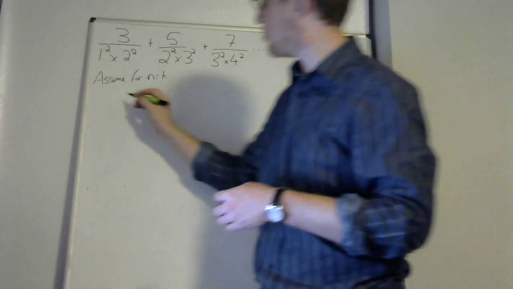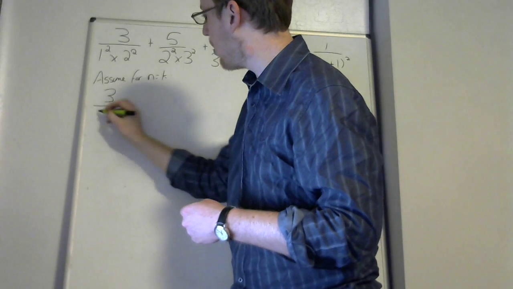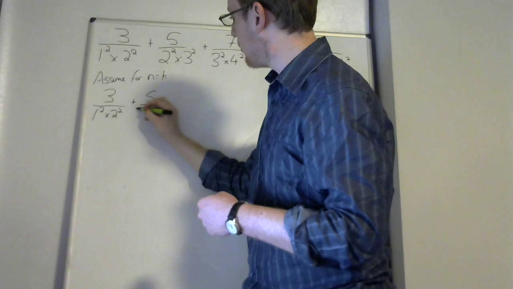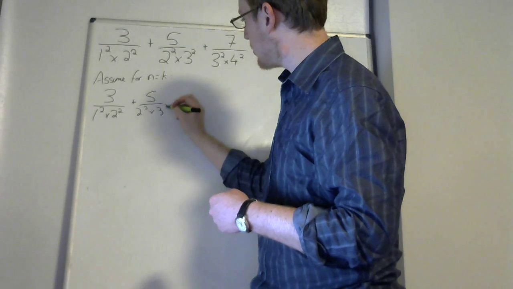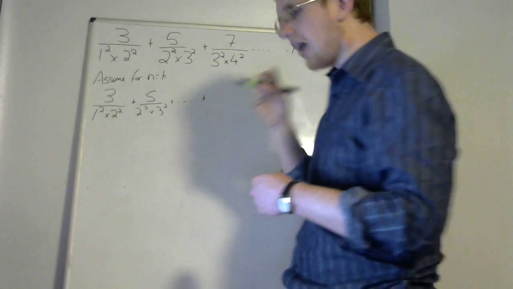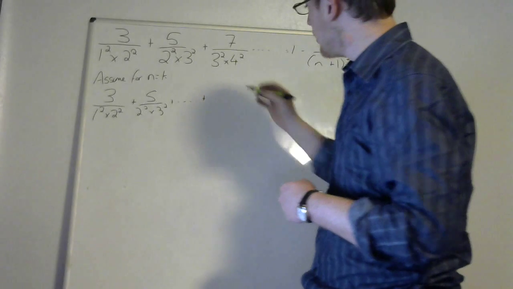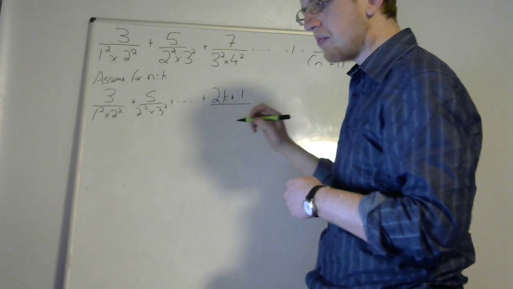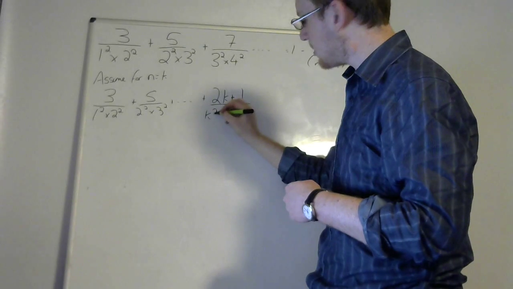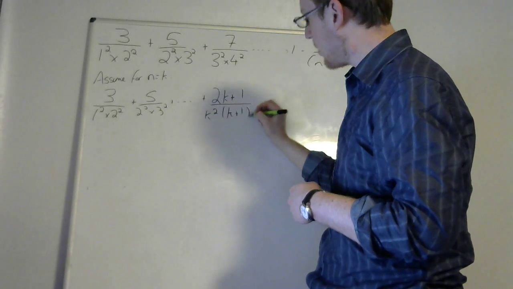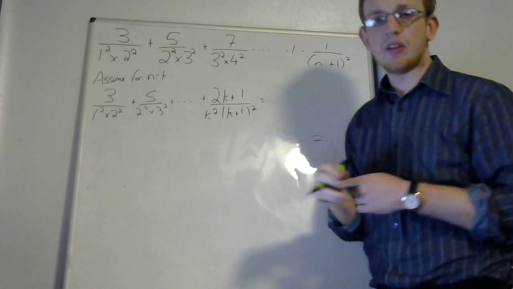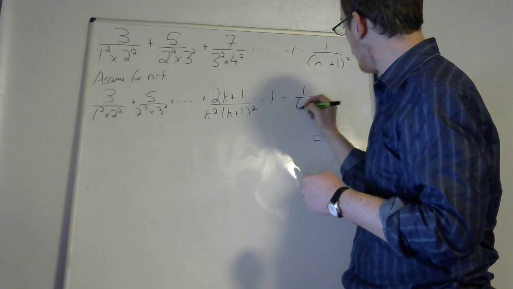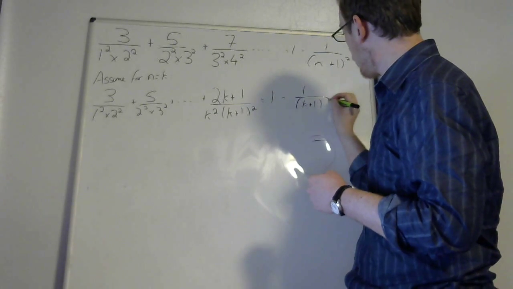I'm going to have to write that up again: 3 over 1 squared times 2 squared, plus 5 over 2 squared times 3 squared, plus all the way up to 2k plus 1 over k squared times (k plus 1) squared. And we're going to assume that that equals 1 minus 1 over (k plus 1) squared.